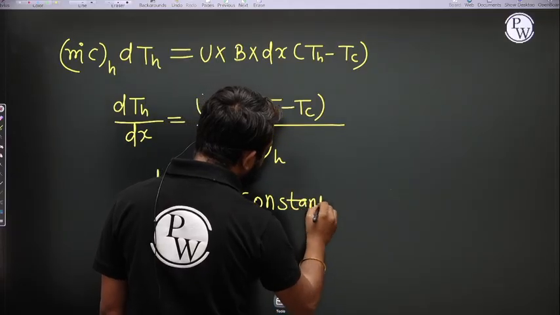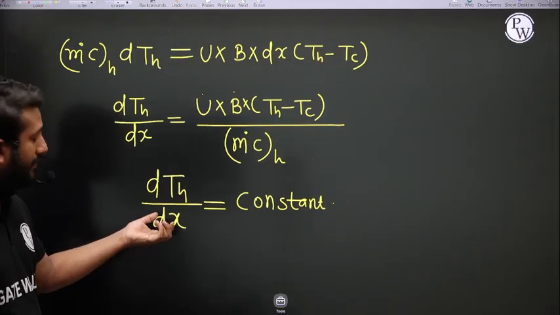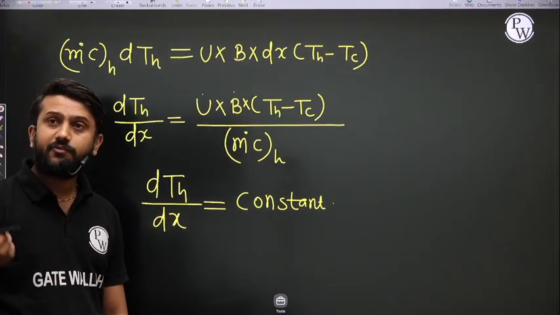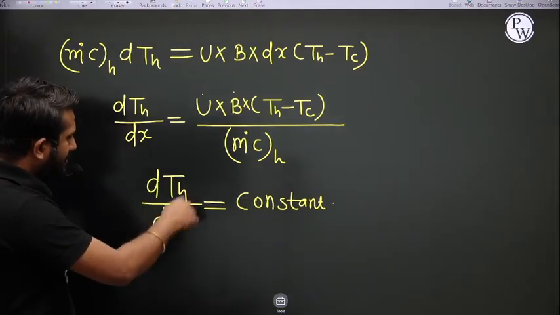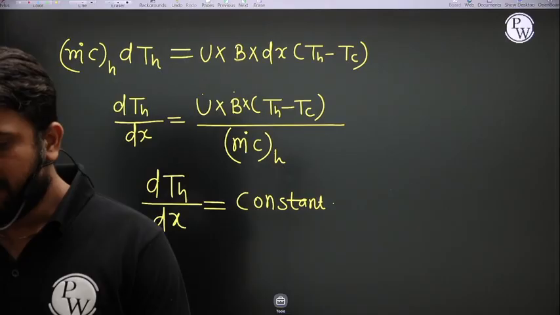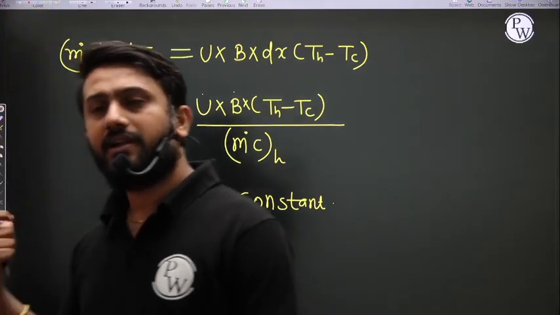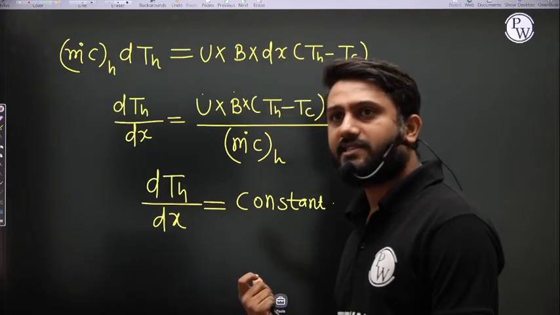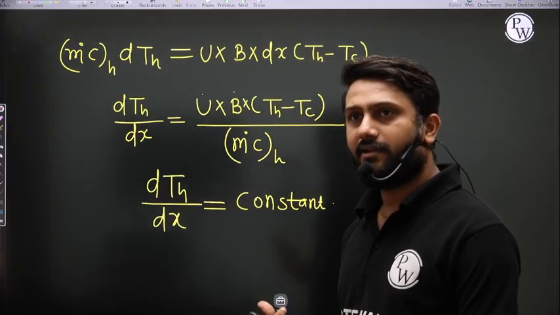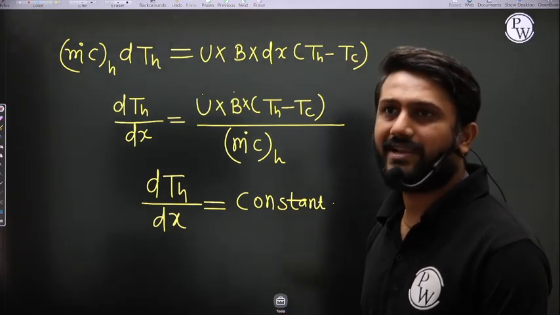What is the meaning of that? That means the slope of the temperature profile of the hot fluid. What is dTh by dx? This is the slope of the hot fluid temperature profile. So this dTh by dx is constant. What is the meaning of that? That slope is constant, that means it is a straight line.